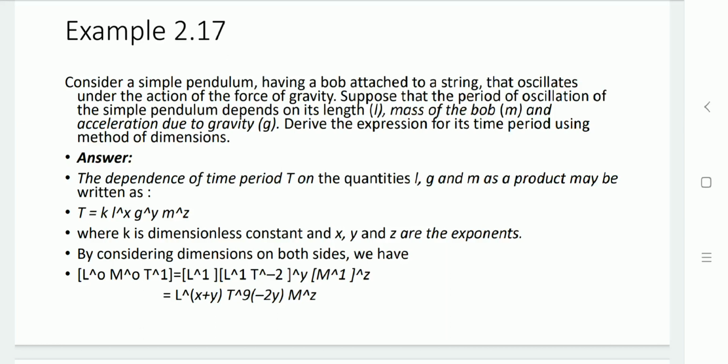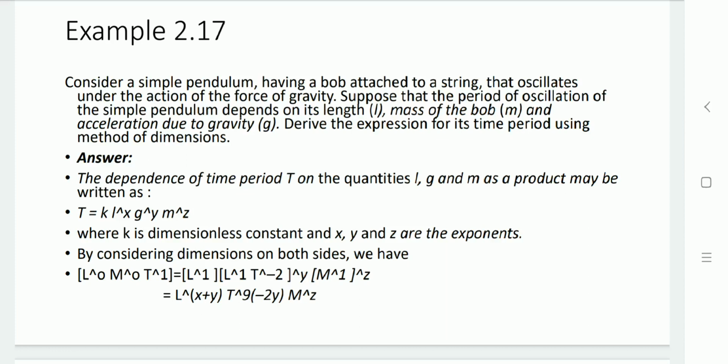L raised to X, dimension of L is L raised to 1, raised to X. g has the dimension meter per second square, so L raised to 1, T raised to minus 2, raised to Y. And M has the dimension M raised to 1, raised to Z. By adding the powers, we get the final equation: L raised to X plus Y, T raised to minus 2Y, and M raised to Z.